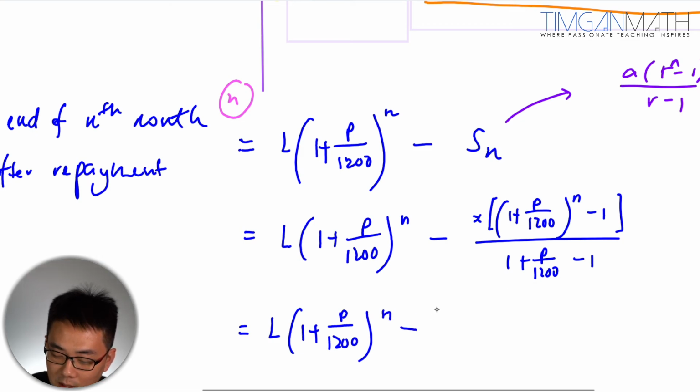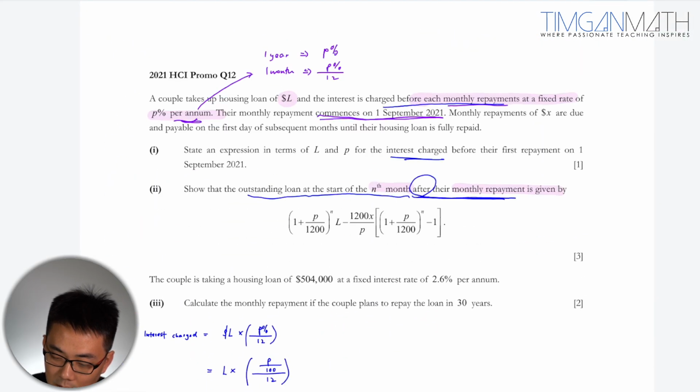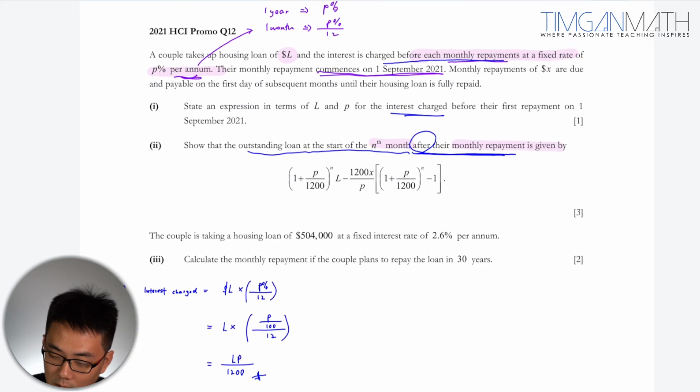So this will be 12x over p. I'll just write this down. Okay, 1200 over p is 1 plus p. Do we need to multiply this out? Okay, no need.